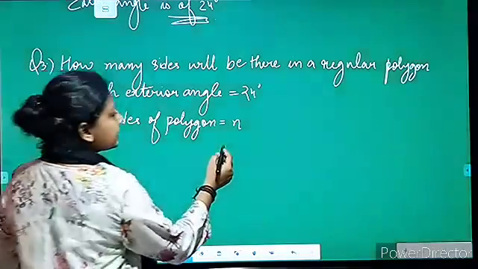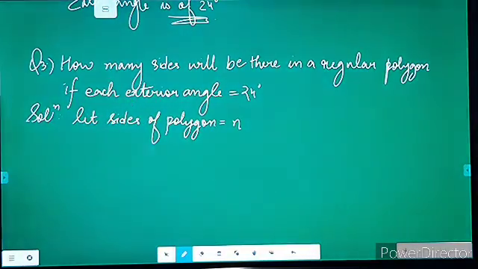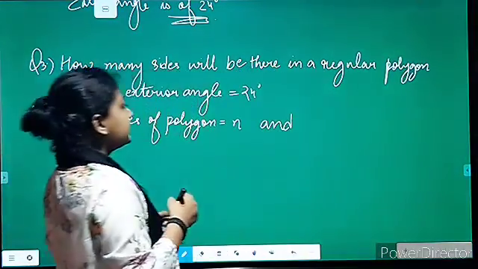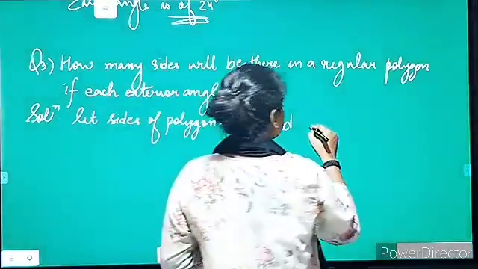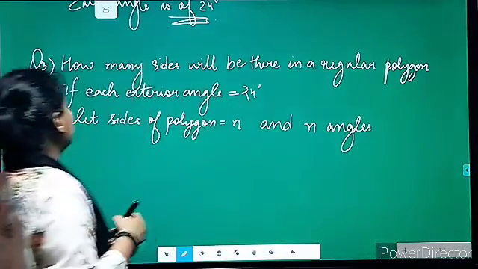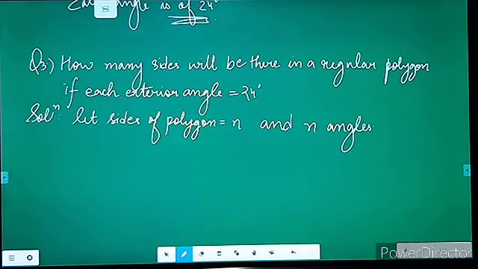If it has 9 sides, then it will also have 9 angles, so n sides and n angles. The sides of a polygon be n and n will be its angles.